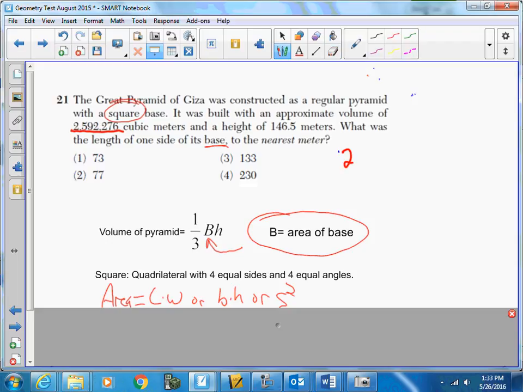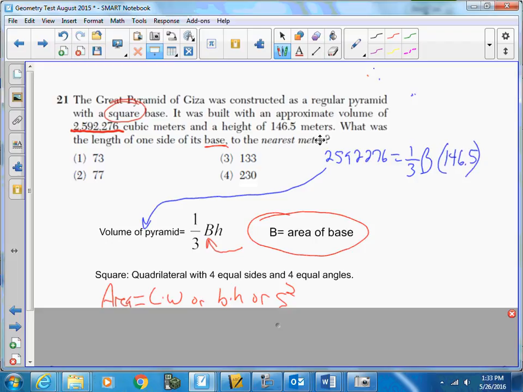So we're going to have 2,592,276 is equal to, so we're putting that in place of this, is equal to 1/3. Now, we don't know the base area, so we're just going to put in B here. And then times the height, which is 146.5.